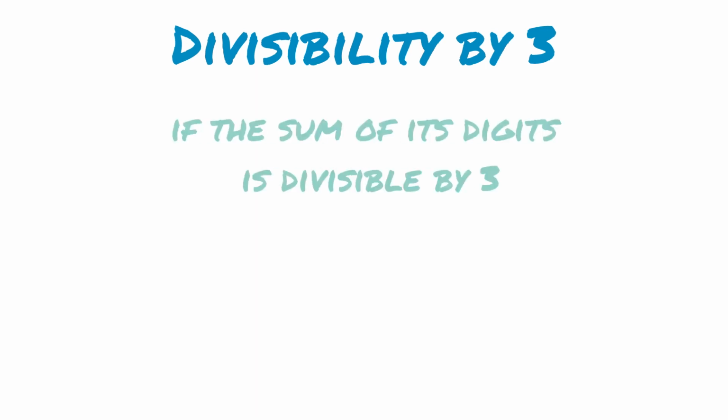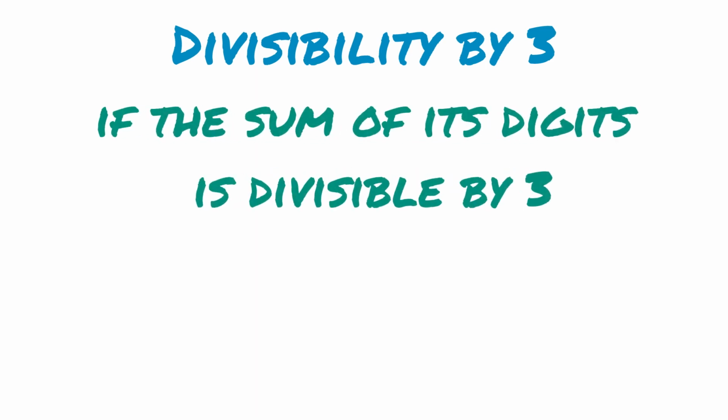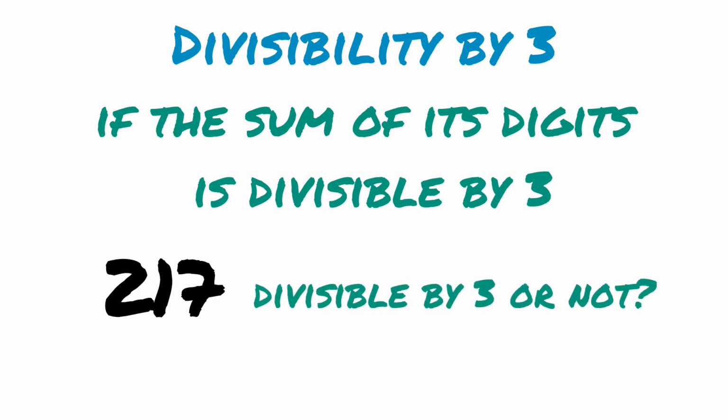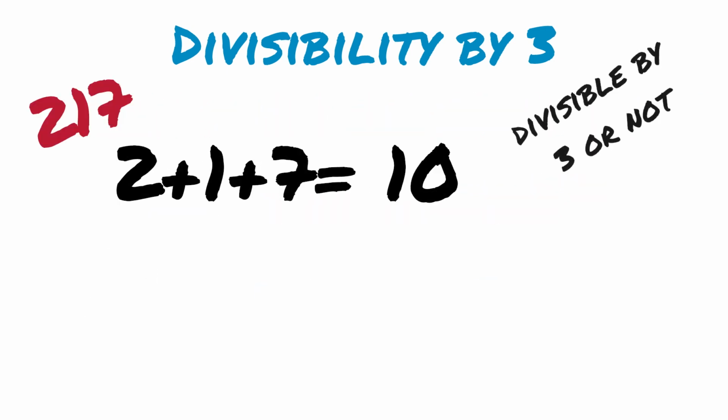Divisibility by 3. A number is divisible by 3 if the sum of its digits is divisible by 3. Consider a number 217. To check whether 217 is divisible by 3 or not, take the sum of the digits. For example, 2 plus 1 plus 7 is equal to 10. Now check whether the sum is divisible by 3 or not.